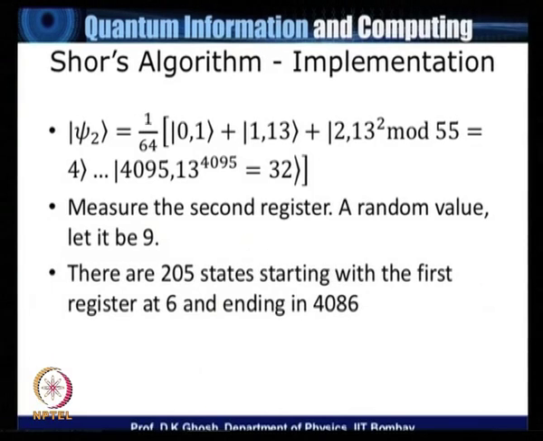So this is what we have got, and at that stage we measured the second register. Now when we measured the second register, it will throw a random number. You remember that even though we have written from 1 till 13 to the power 4095 in the second register, because of the periodicity of the function, the values keep on repeating after every 20, because the period was known to be 20.